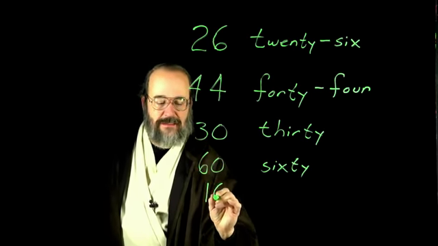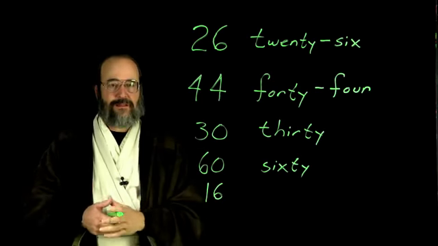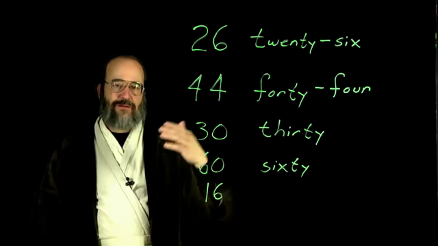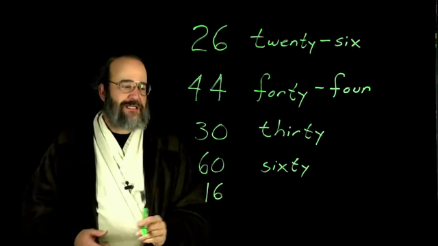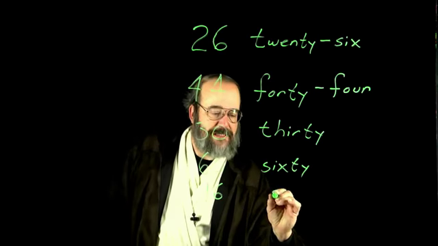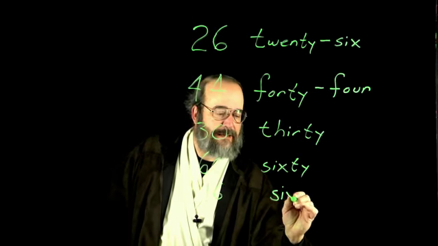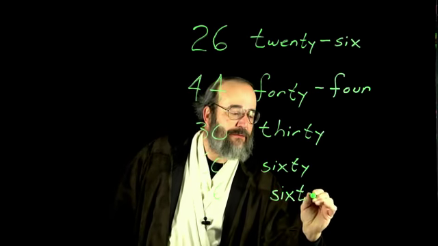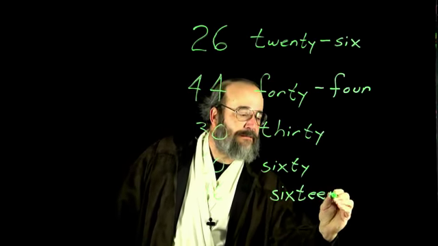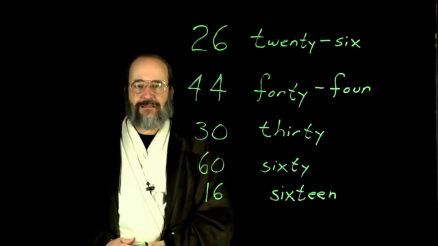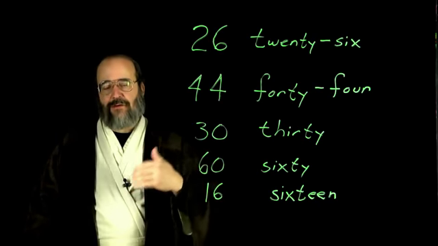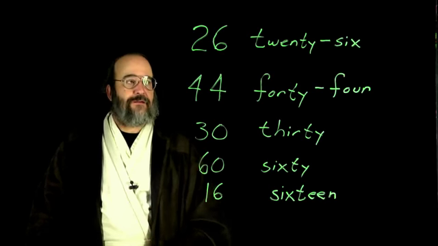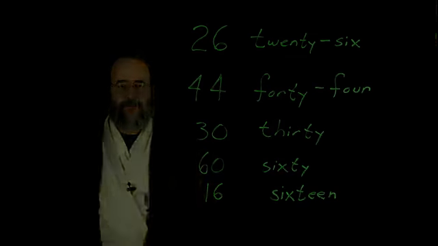If you remember, the rule is any 2-digit number greater than 20 is hyphenated. The teens, because of the way we write them, the teen is just added right on, so I get 16. I don't use a hyphen on teens. So anything 20 or greater, hyphenate between the two words.